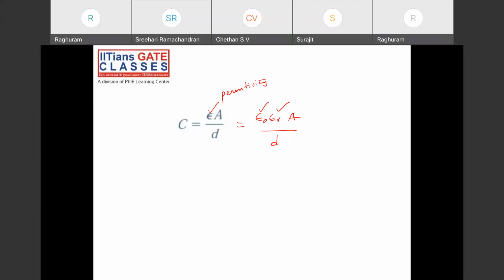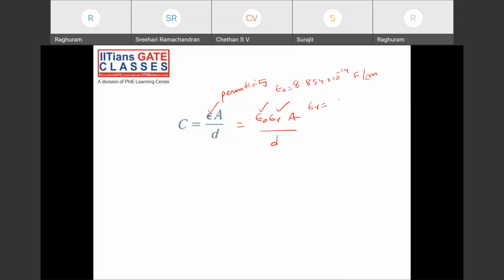So 8.854 into 10 to the power minus 14 farad per centimeter. Correct. Epsilon naught is equal to 8.854 into 10 power minus 14 farad per centimeter or meter. And what is epsilon r?